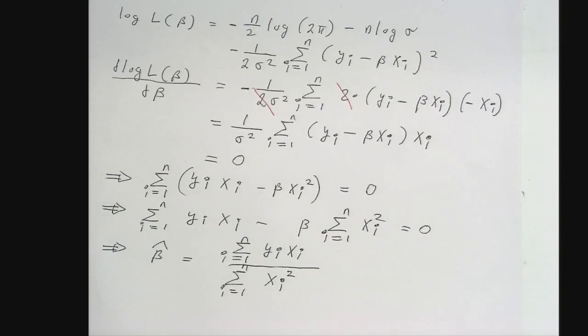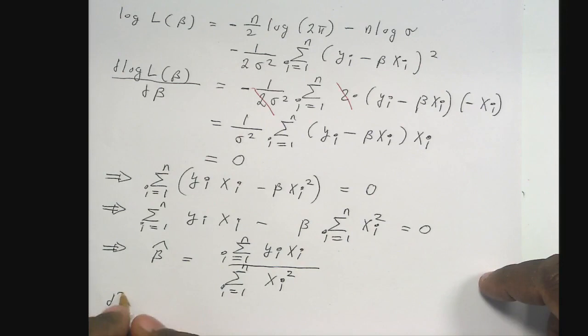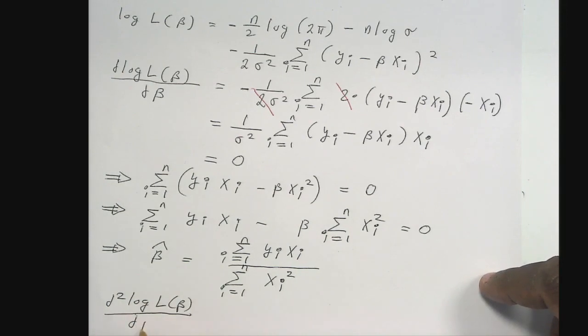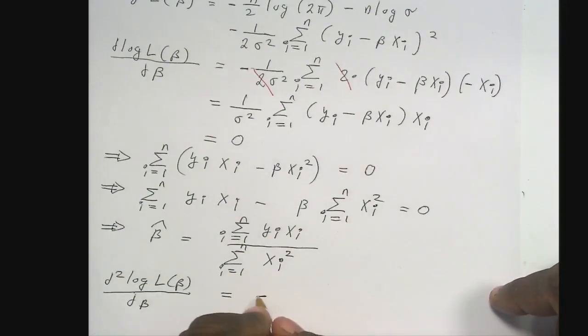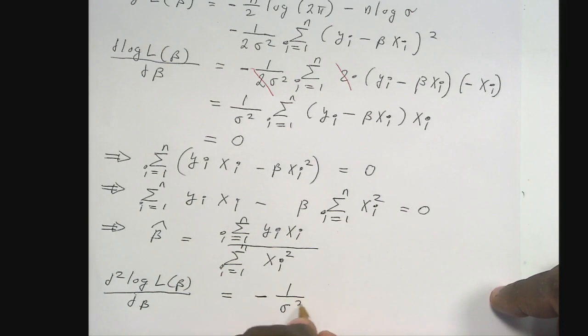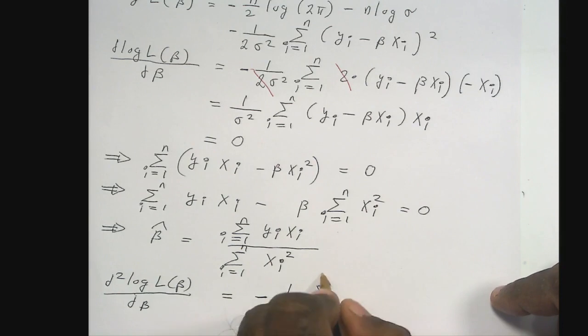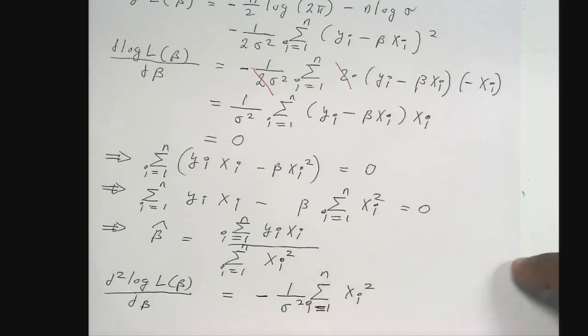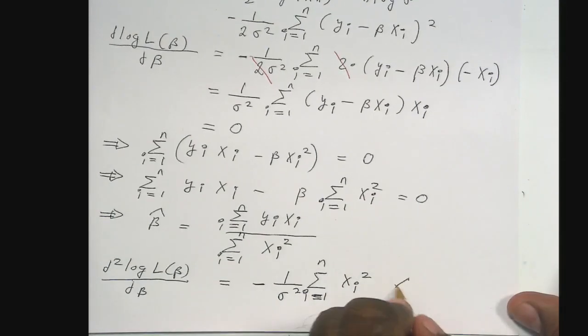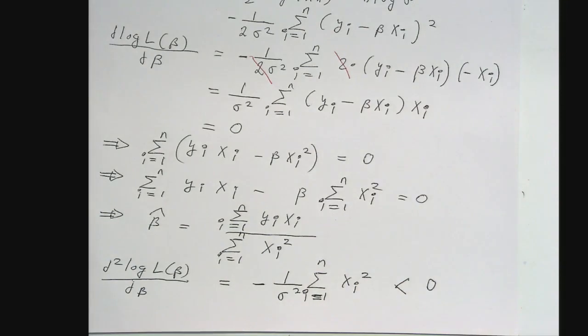Now because the likelihood has only one parameter, you must show that the second order derivative is negative at the MLE, right? So the second order derivative is d2 log by d beta squared, and this is going to be the first order derivative of this, which is, it's easy to see that this is the second order derivative, and clearly this must be a negative number, right?